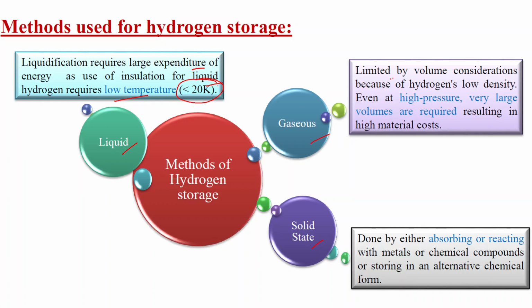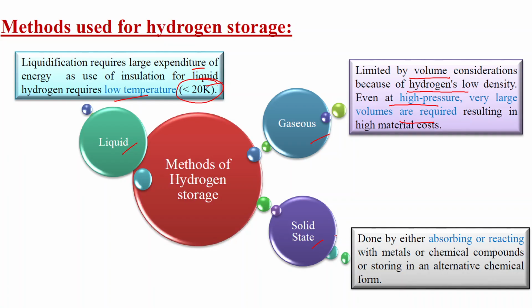Then storing hydrogen in gaseous state is also a problem, which is limited by volume considerations because of hydrogen's low density. Even at high pressure, very large volumes are required. Even to keep it at very high pressure, very large containers are required.